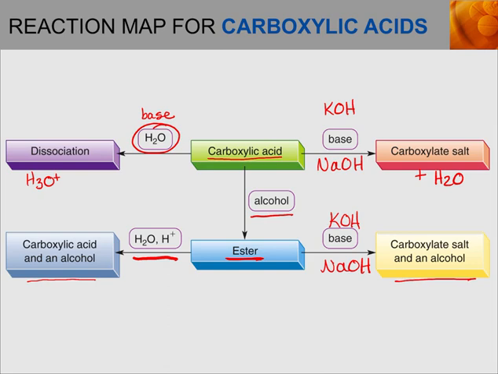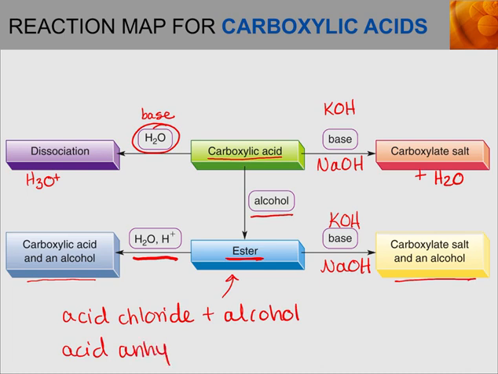And then we also saw that to create an ester, you could use an acid chloride plus an alcohol to give you an ester, or an acid anhydride plus an alcohol to give you an ester and a carboxylic acid.